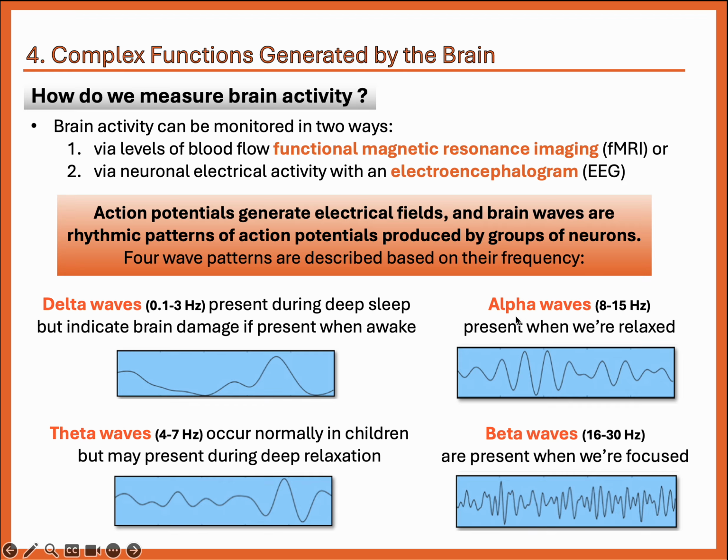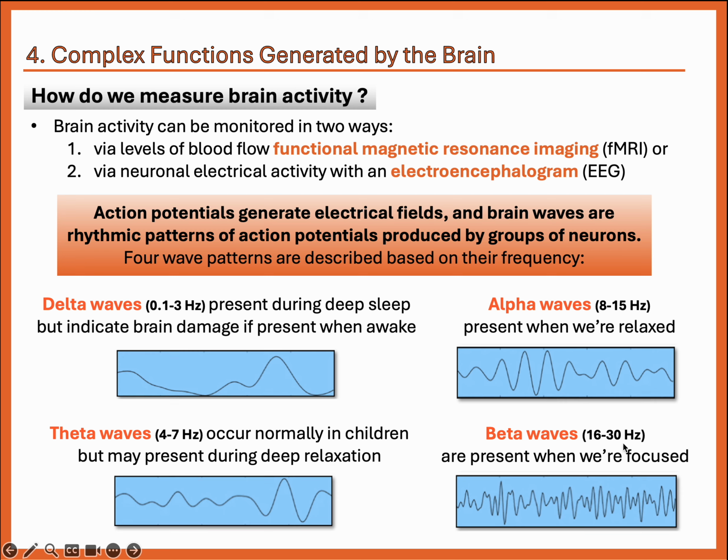When we are relaxed, which happens rarely, these alpha waves are going to be found. How do we know they're alpha waves? They're 8 to 15 hertz. You see this frequency, right? Do you see how the waves are very spaced out? That's an alpha wave.